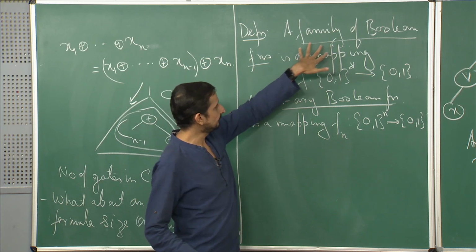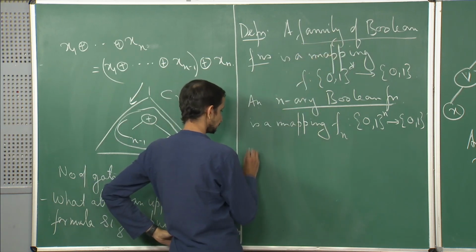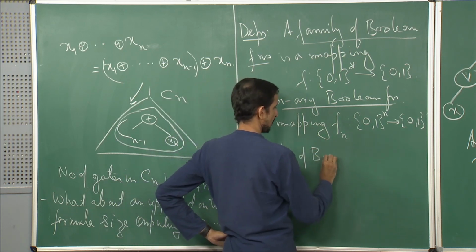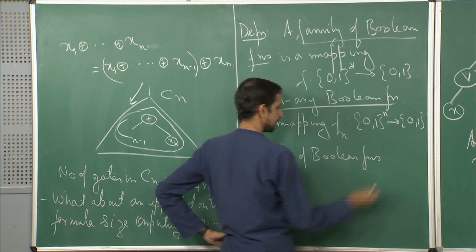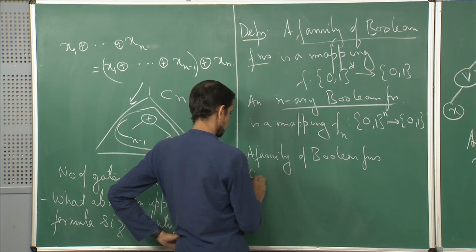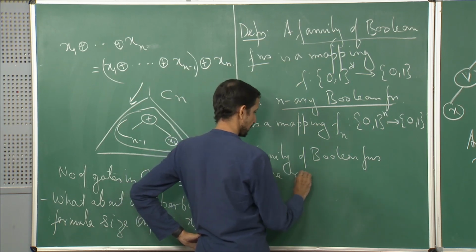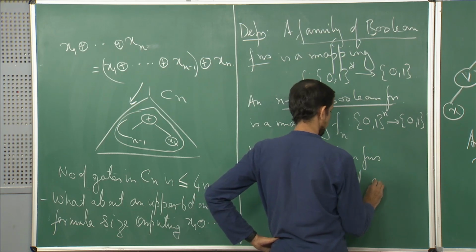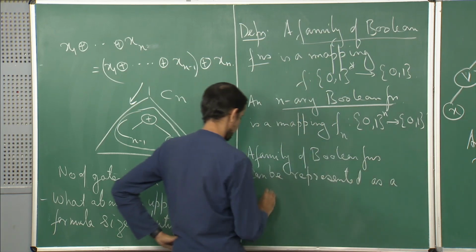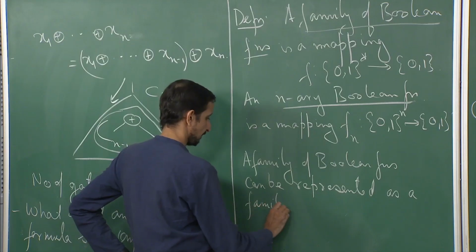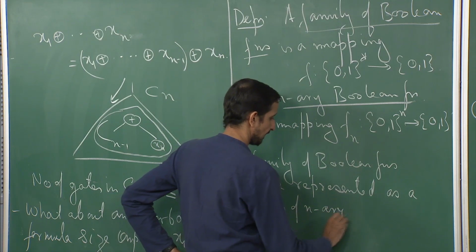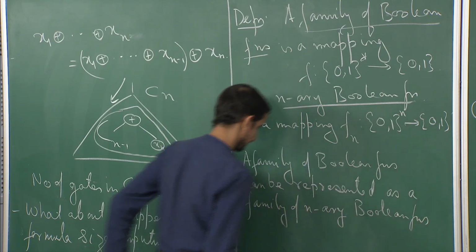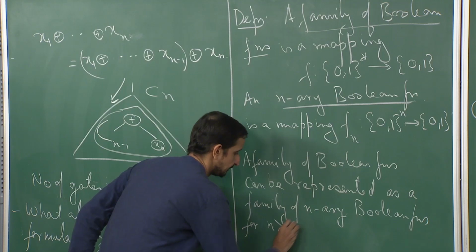So now one can see that a family of Boolean functions can be represented as a family of n-ary Boolean functions for n greater than or equal to 0.